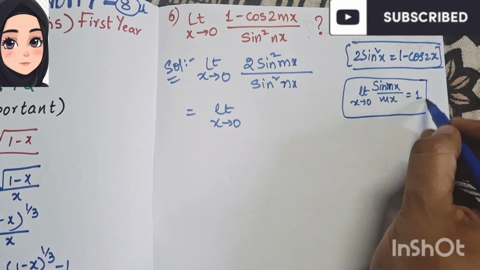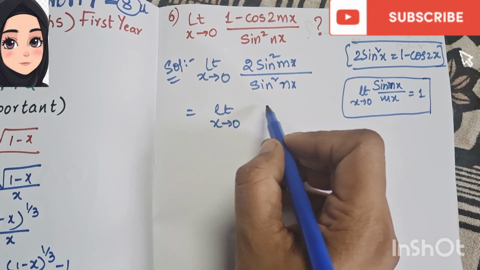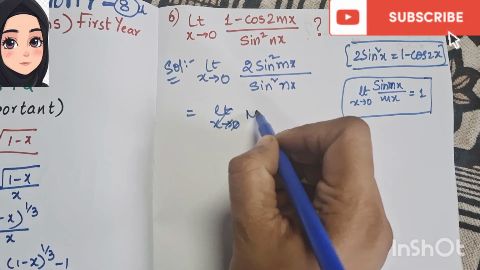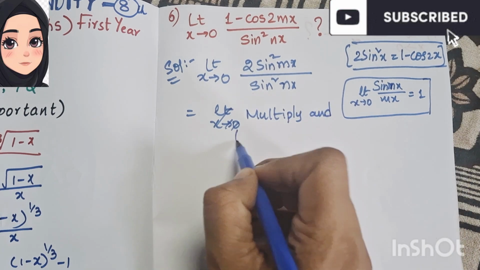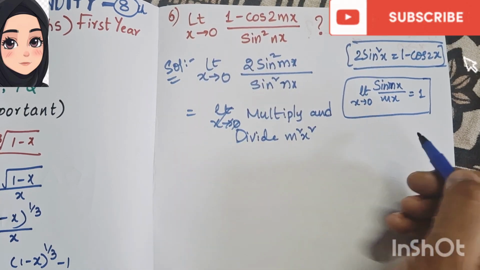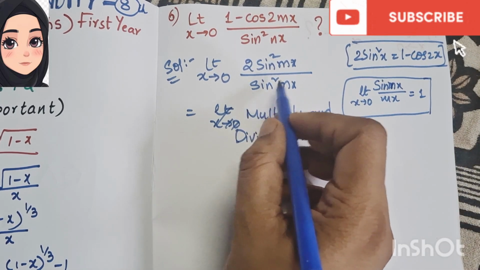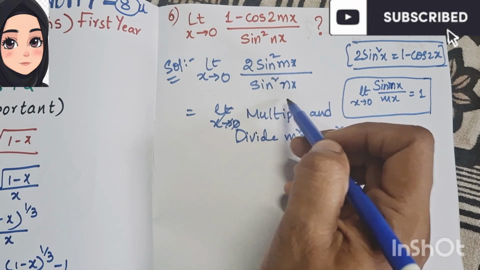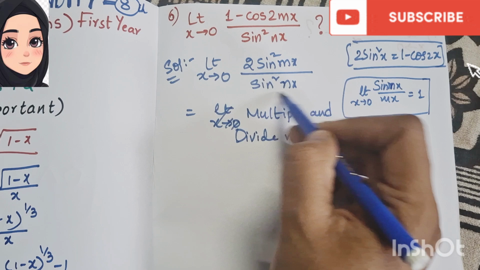For this we have to multiply and divide with m square x square and n square x square, because sin square is there here and also sin square is there, with mx and nx. We get two formulas here, for this and this.